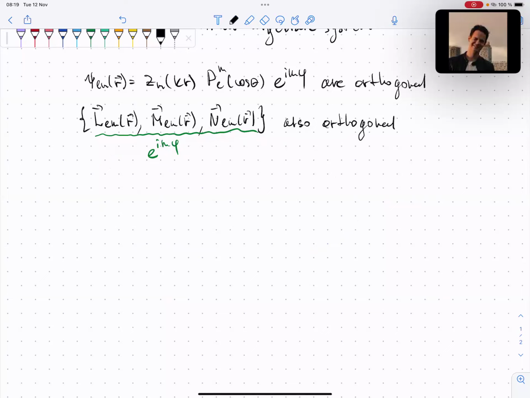So these functions are orthogonal for different m and l.